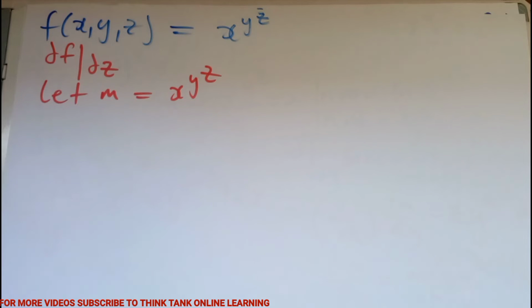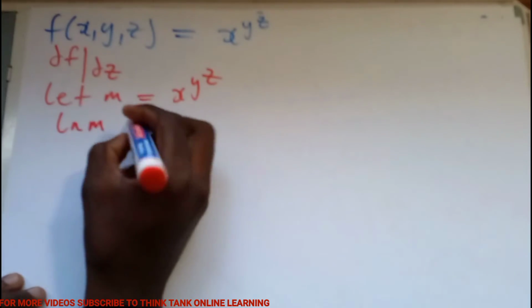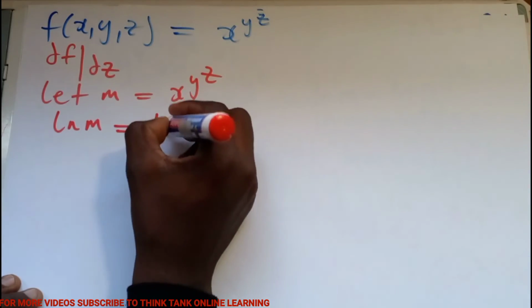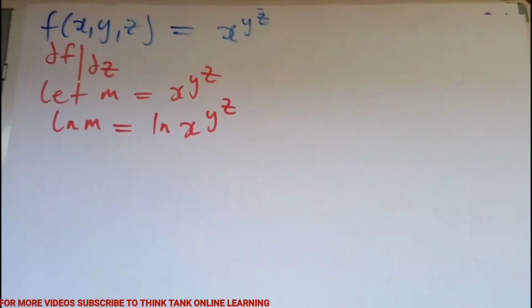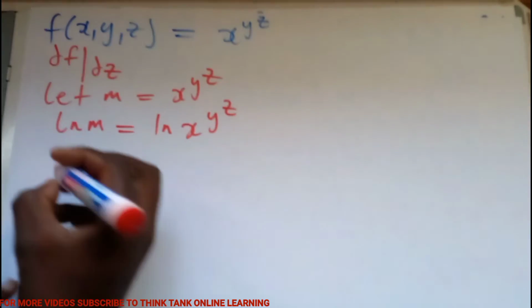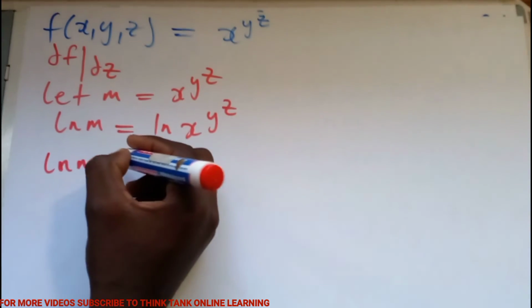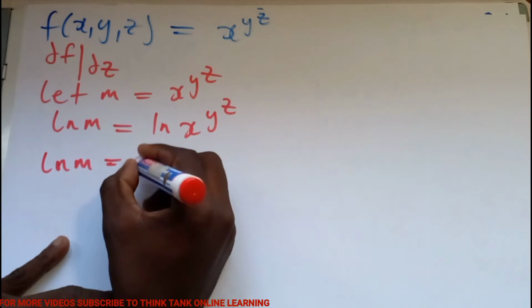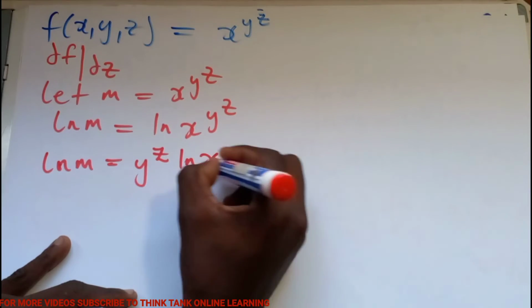If I take the natural log of m on both sides, I get ln of x to the power y to the power z, and by natural logs, we drop the power, so ln m is equal to y to the power z ln x.